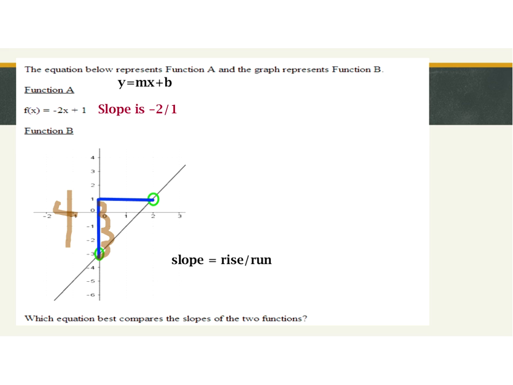So my rise is 4, and my run is 2. So my rise would be 4 over 2, which equals 2. Now remember, on your graph, slope is 2 over 1, or 2.